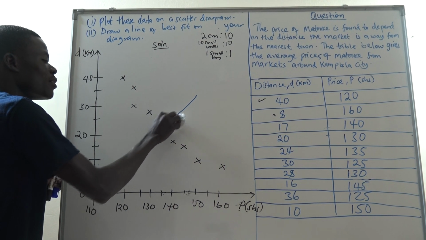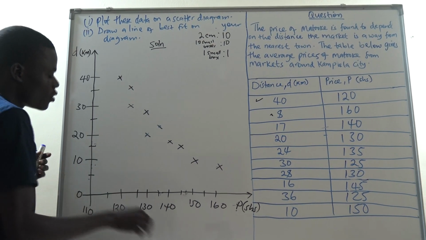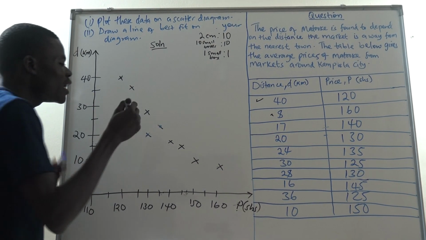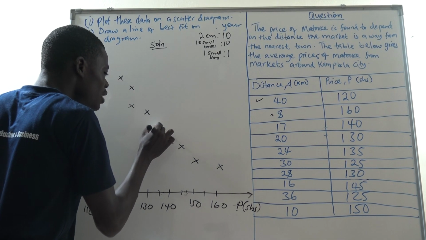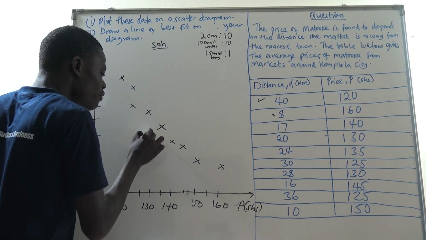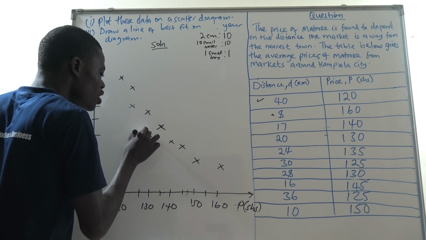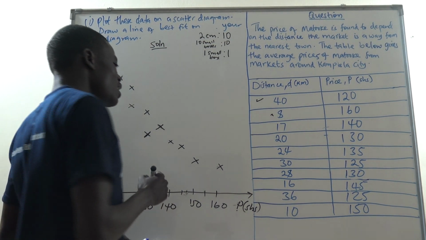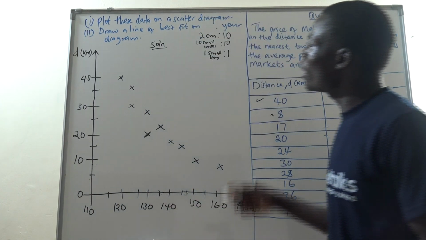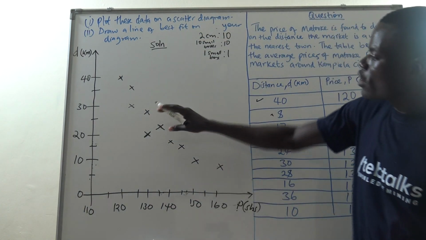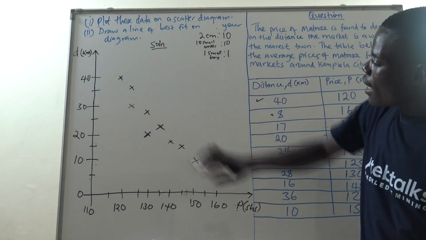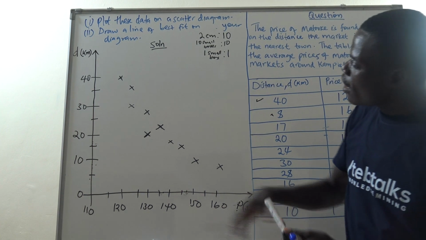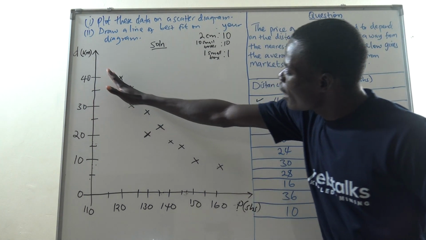Don't stick only to the positive pattern. You should also take note that in any plotting you can obtain a negative graph or negative relationship. So you should not stick only to a positive relationship in the scatter diagram. If you see this pattern, it shows the points are on the negative side.